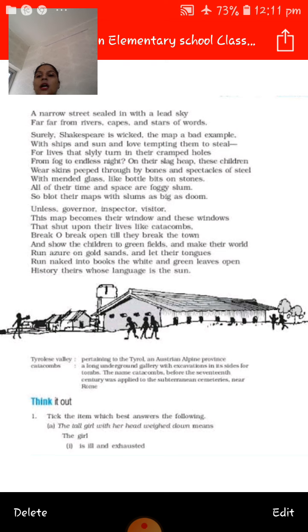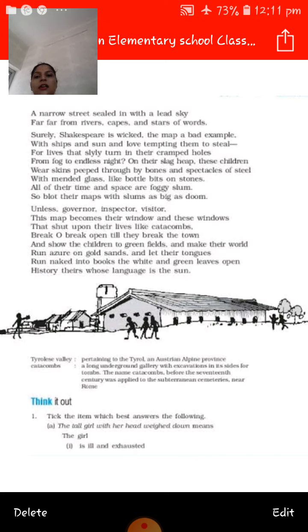And these children are so weak that their bones are coming out of their skin, because they don't get proper nutrition. According to the census, out of so many children, many are malnourished when it comes to India. They spend all their lives in foggy slums. So slums, which are actually a doom, should be removed. This kind of thing should be removed.